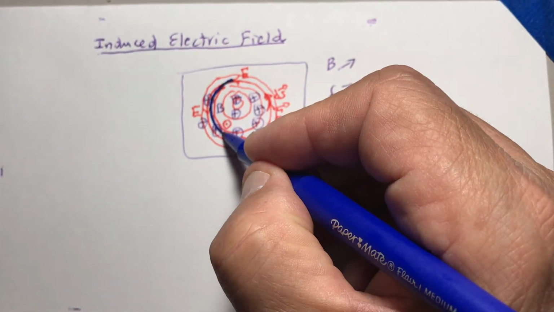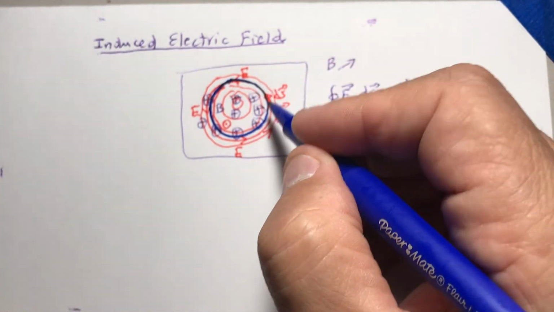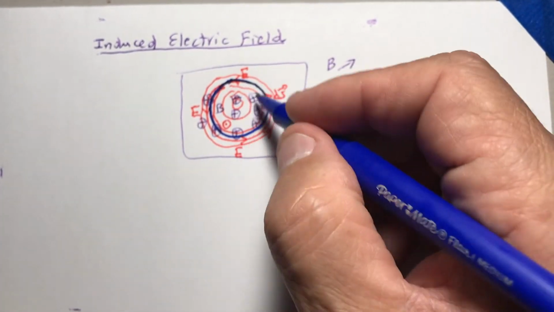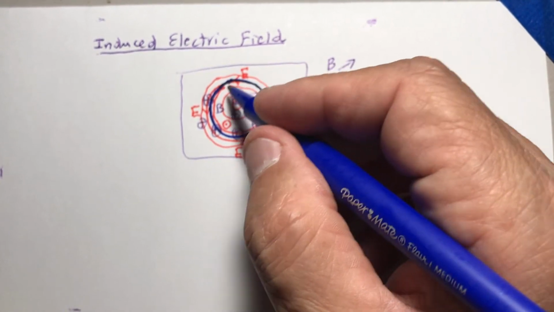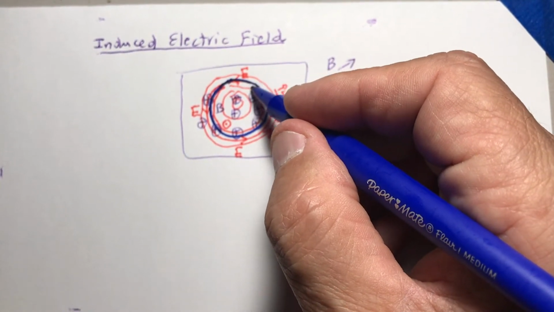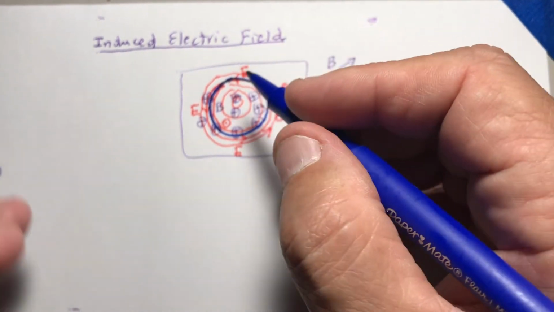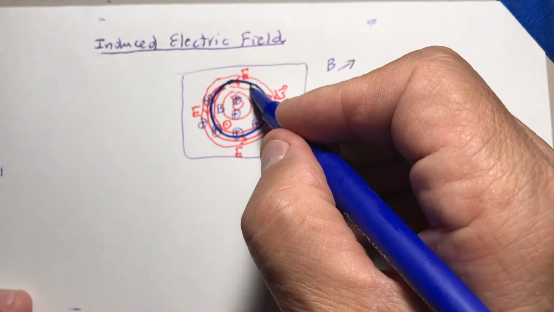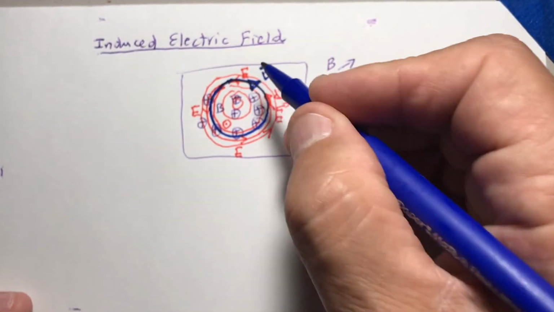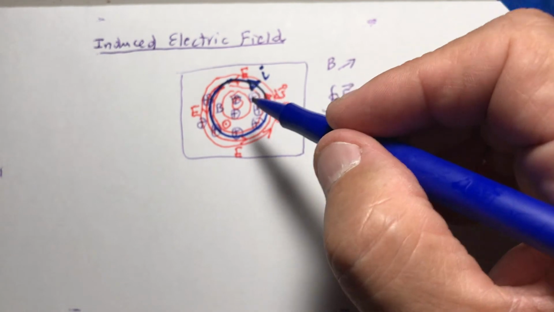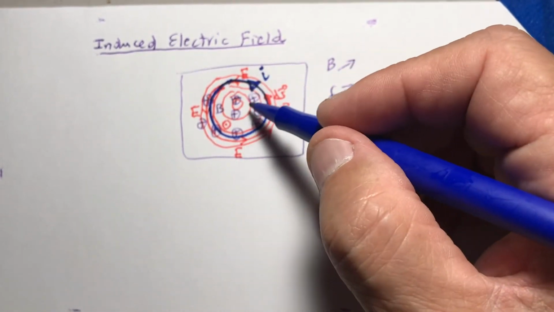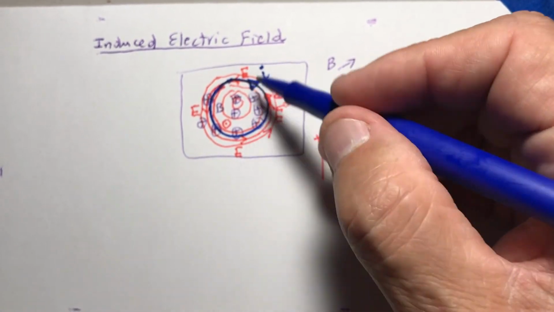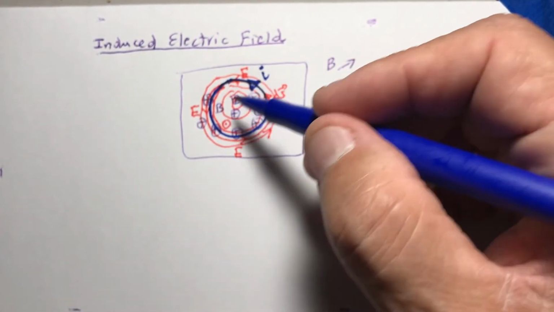But now if you put a wire here, you're going to have that electric field generated, and that electric field in the wire is going to push a current. Now, the current will be going like that. So if you put a wire or a loop, you're going to generate a current by changing the magnetic field. If you don't have a wire, you're going to have an electric field.